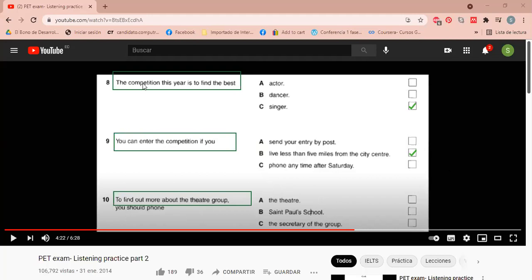To find out more about the theater group, you should phone the theater, St. Paul's School, or the secretary of the group. A, B, or C? Okay, we have plenty of C's, exactly. That's the right one. You need to call the secretary of the group.